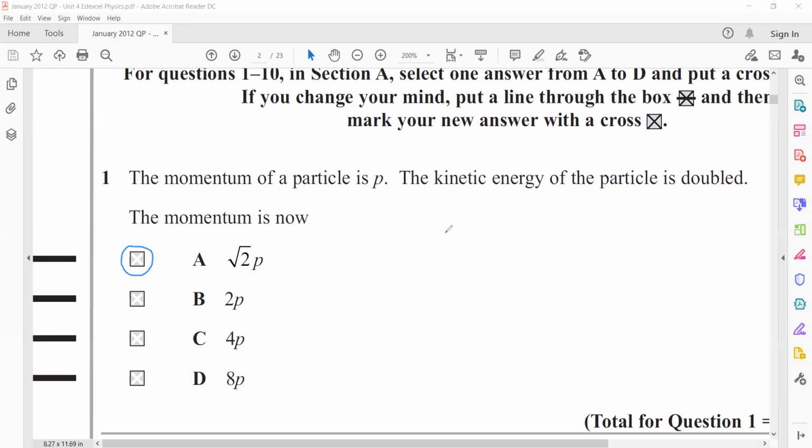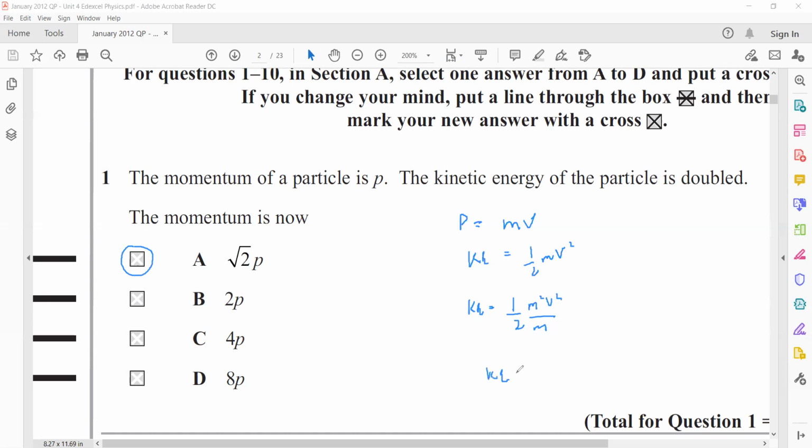Because how do you relate the momentum and kinetic energy? As we know, momentum is a product of mass and velocity, and kinetic energy is half mv square. If I multiply and divide this by mass, it will be half m square v square divided by m. m square v square is basically momentum square.